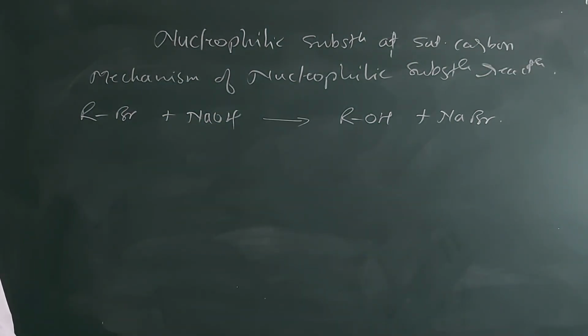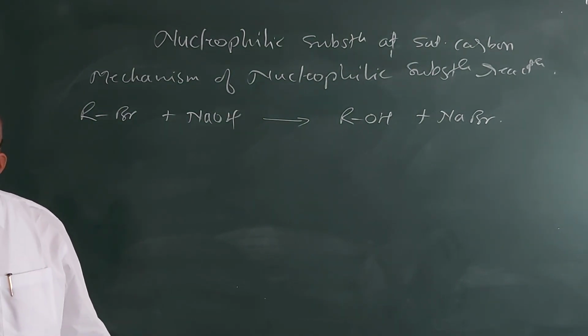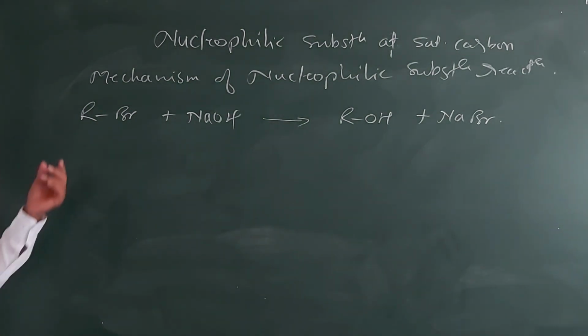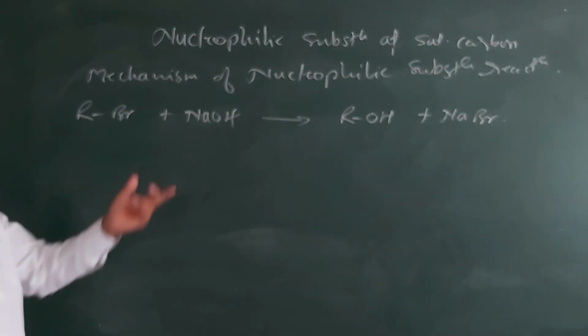But now, when we want to study the mechanism of the reaction, here two to three things are happening. That is, this C-Br bond is being broken. Then the C-OH bond is being formed.